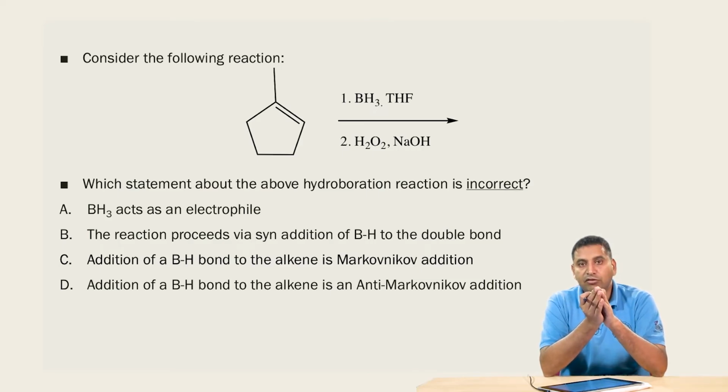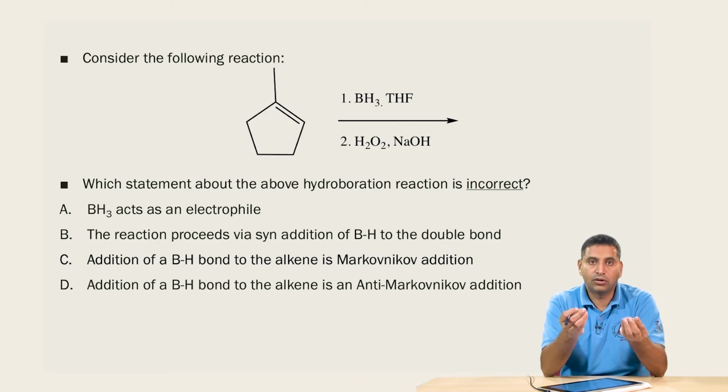C, addition of BH to the alkene is Markovnikov addition. So, here we know that eventually the OH ends up on the less substituted carbon. Therefore, this would be an anti-Markovnikov addition. Okay. So, according to Markovnikov's rule, the substituent should end up on the more substituted carbon.